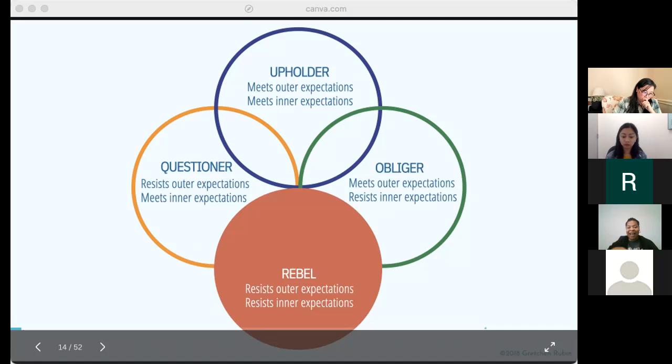So then I get frustrated inwardly. How can I shift that to move more towards the questioner upholder so that I'm meeting both the outer and the inner?